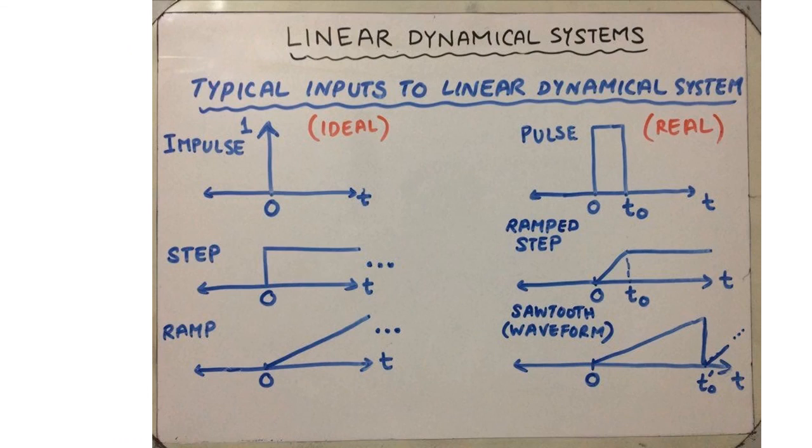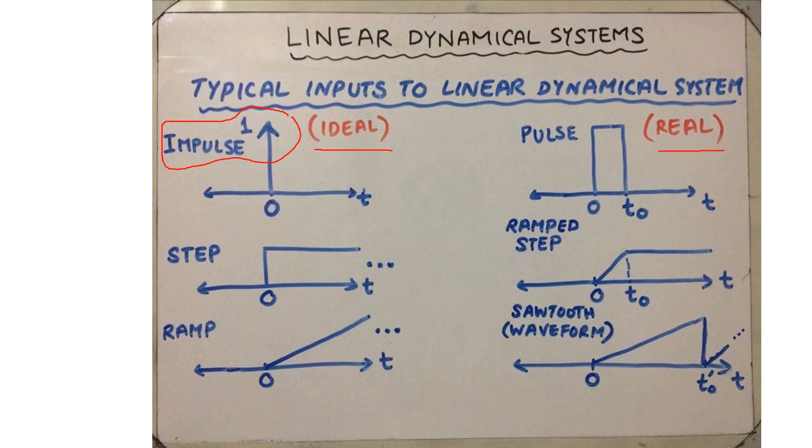Now let us look at some of the typical inputs that occur in real life linear dynamical systems. On the left hand side, we have an ideal input, and these are compared with the real or realistic inputs. Already we saw an example of an input known as the impulse.